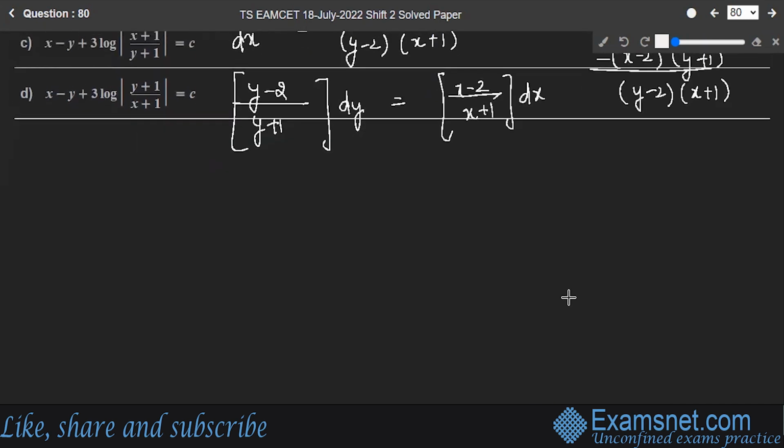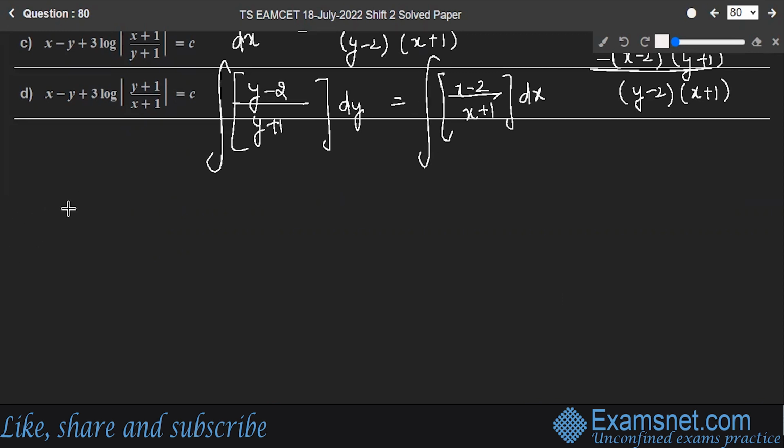Okay, now I have segregated the terms with y along with dy, and the terms with x along with dx. Now let's take the integral on both sides. It's easier to solve this way.